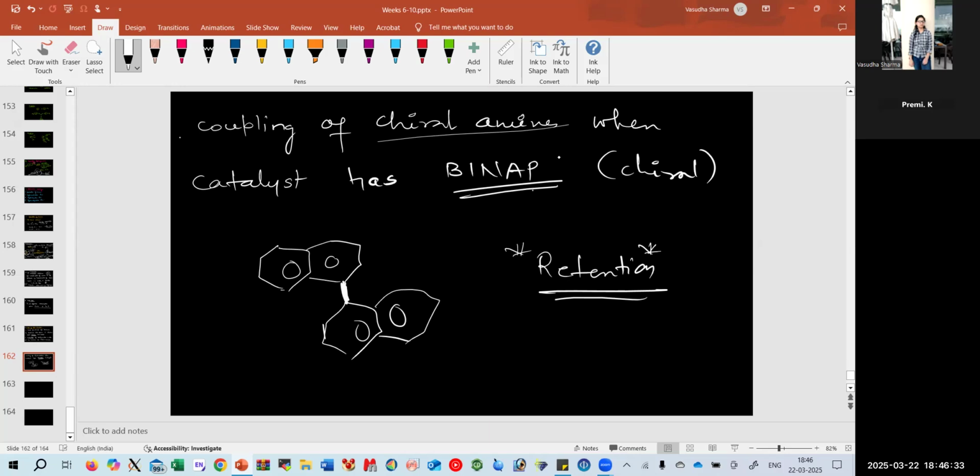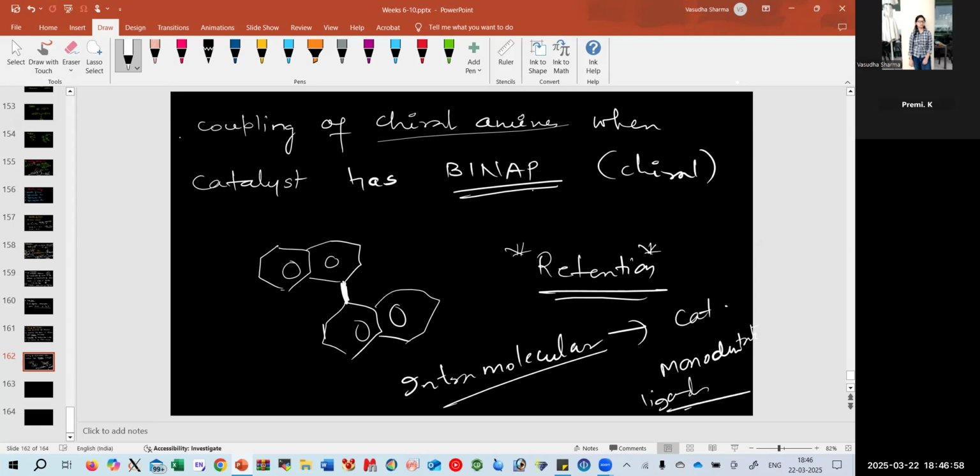Even for the intramolecular case, when the catalyst has bidentate ligands, if some intramolecular reaction is happening, meaning within the same substrate, the catalyst needs to have a monodentate ligand coordinating with one end only.